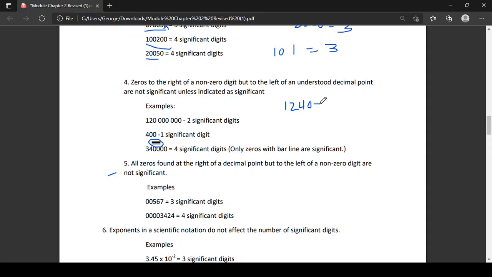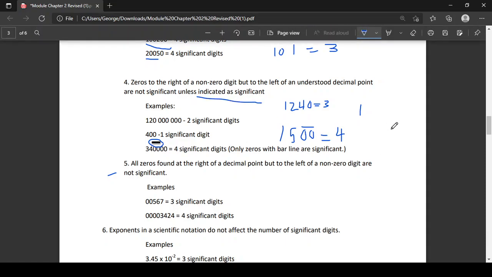Kids, first example, 1,240. Pila ka significant digits? 3. Okay. 1,500, pero may linya sa babaw ang zero. 2. May linya sa babaw? 4. Yes, sir. Basta may linya sa babaw, it is indicated as significant.